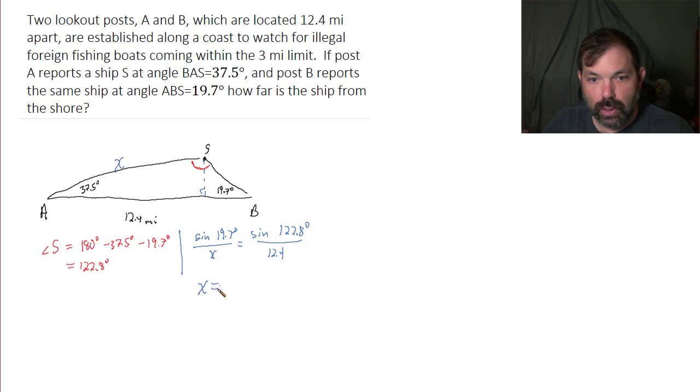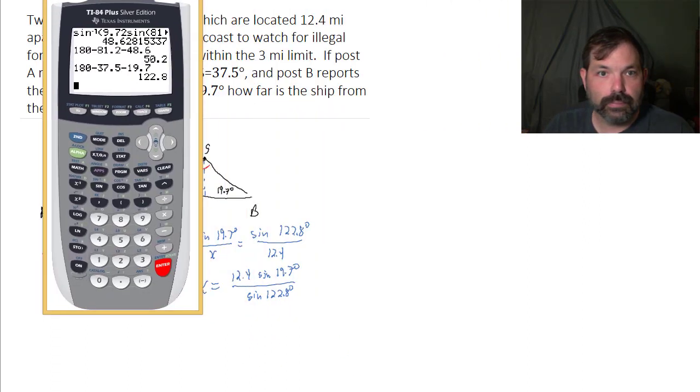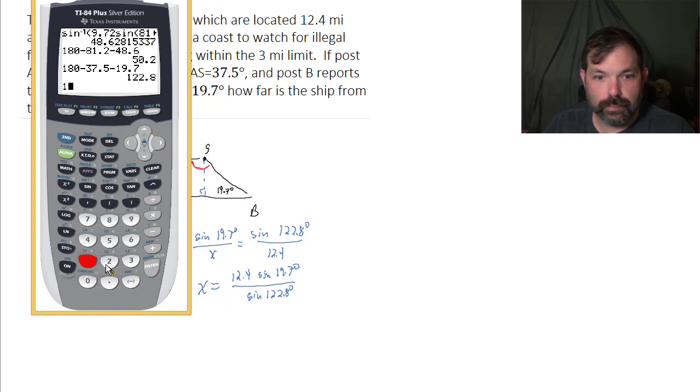So X would equal 12.4 times the sine of 19.7 degrees over the sine of 122.8 degrees. And let's calculate that. So that distance X is approximately 4.97 miles.